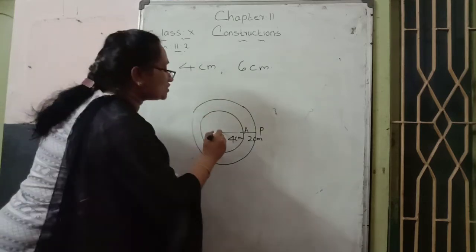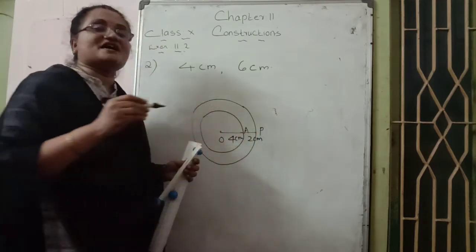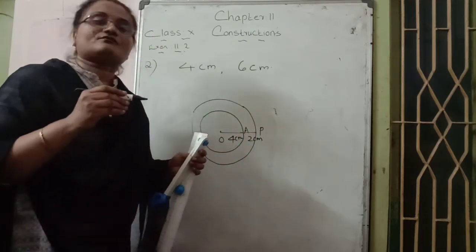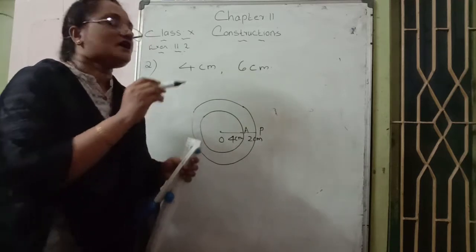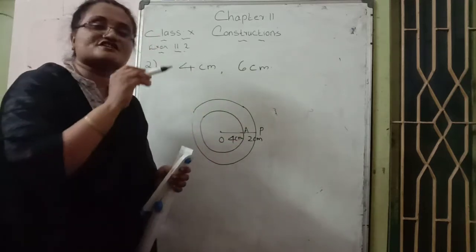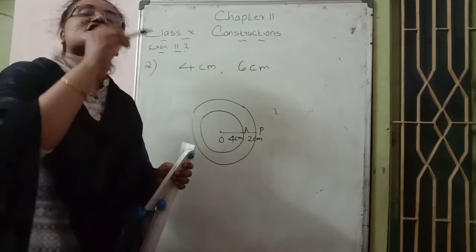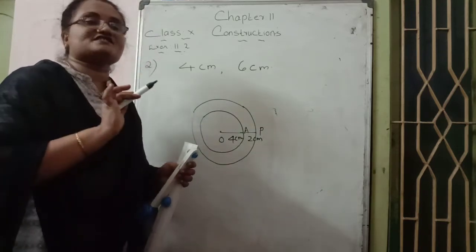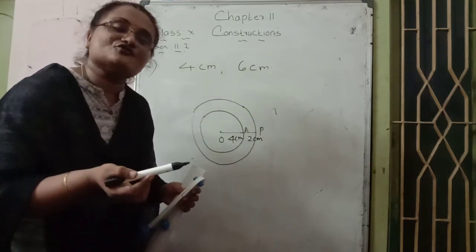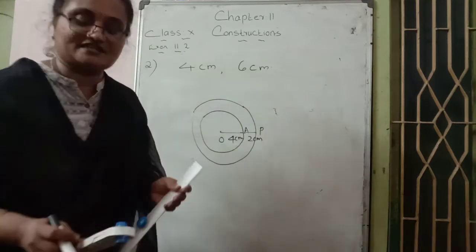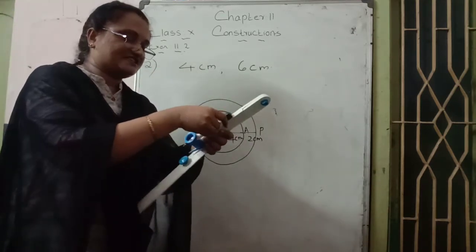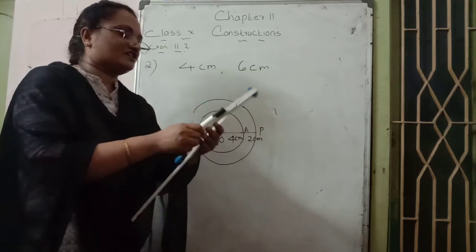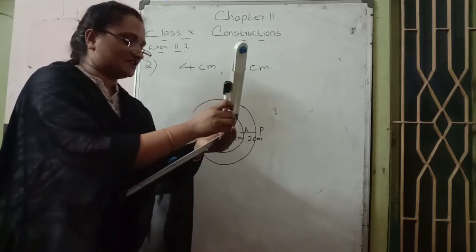There also draw the perpendicular bisector for the first circle. Perpendicular bisector, how to draw? OP distance, that is 4 plus 2, 6 centimeter. Half of 6 becomes 3 centimeter. More than half means 3.5 centimeter. Take out your compass, measure 3.5 centimeter.